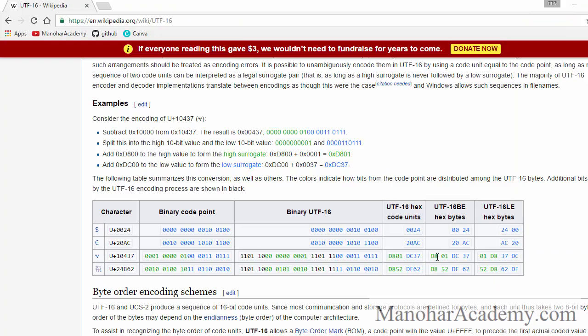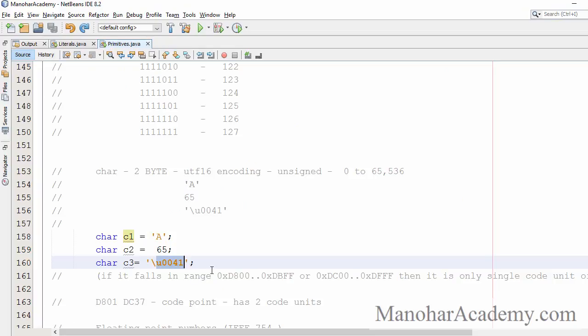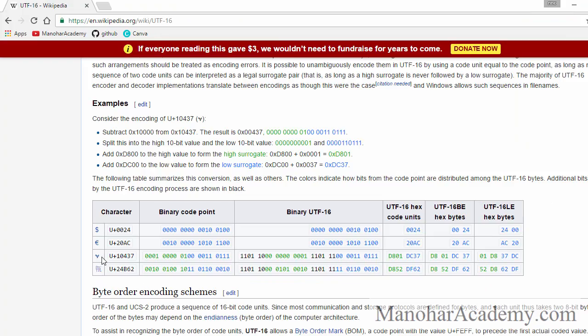So dollar can be saved in a single char. But coming to this Chinese character, it is still one code point, but it has 2 code units.